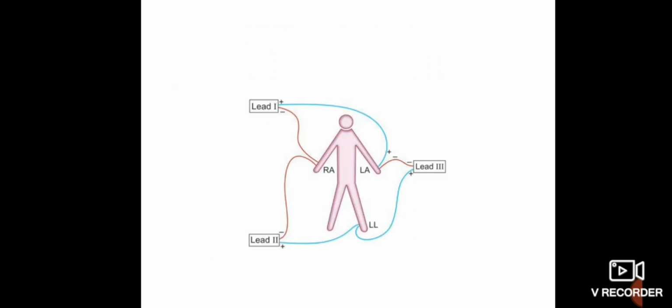This is the placement of the bipolar leads, that is lead 1, lead 2 and lead 3. Lead 1 is arranged between the right arm and left arm, lead 2 between the right arm and left leg, and lead 3 between the left arm and left leg.